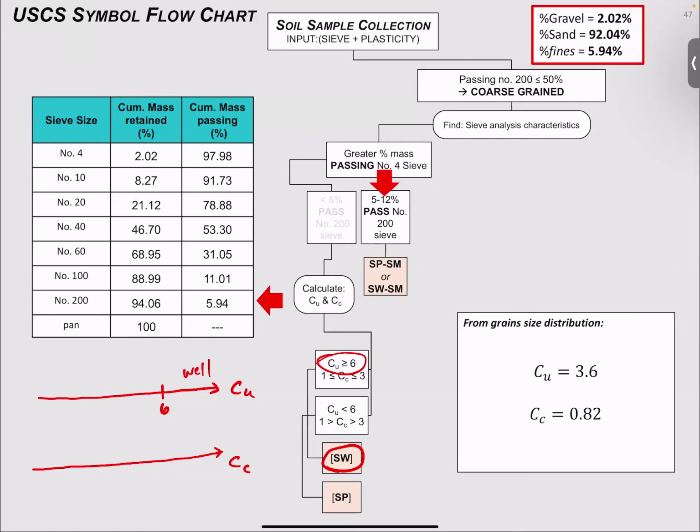If it was less than 6, then this would be poor. And then our CC, our coefficient of curvature, has a little range like this, where we have 1 and 3, where if it's in between, then this is well graded, and if it's outside, then it's poor.